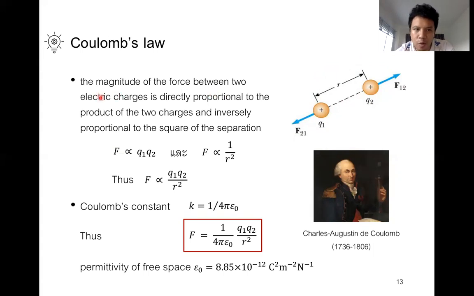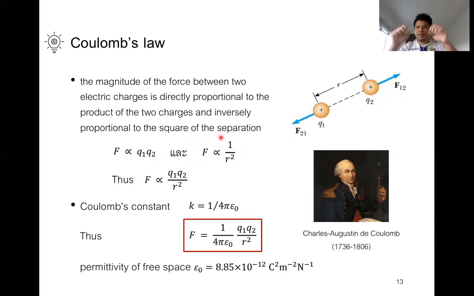Coulomb's law says that the force between two charges will be proportional to Q1 and Q2. So that means if Q1 is large, the force will be large, and with Q2 larger, the force will also be larger. But it is inversely proportional to the square of the separation distance.